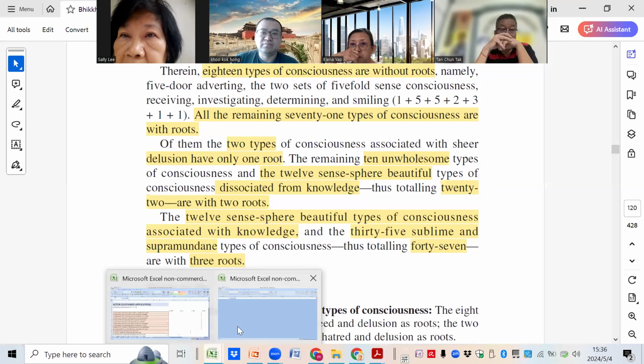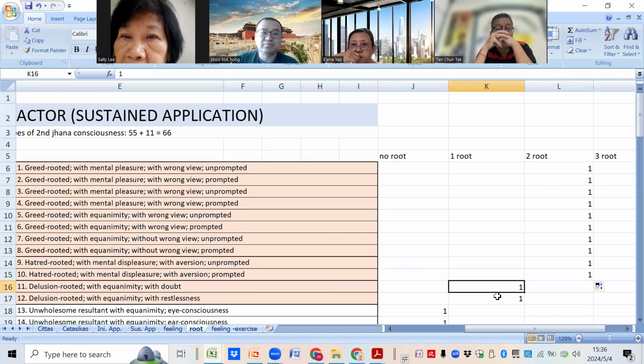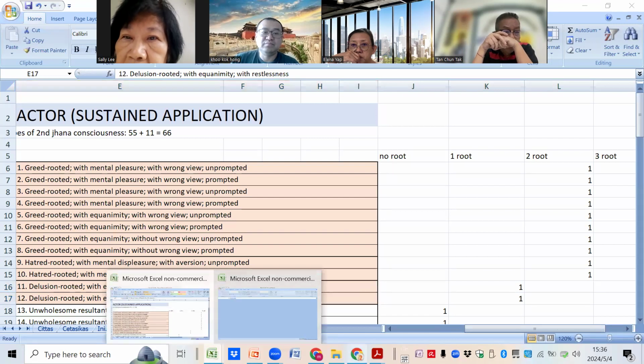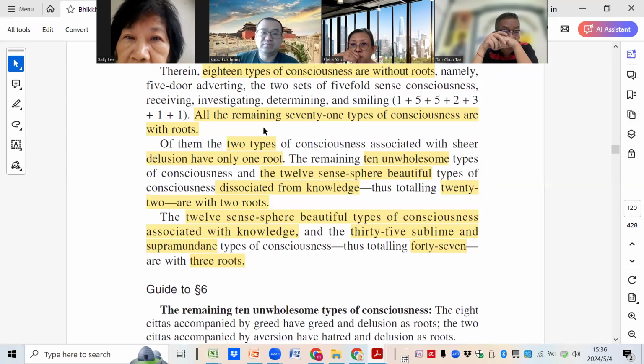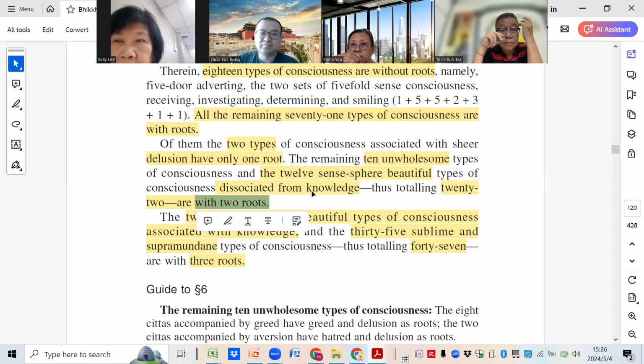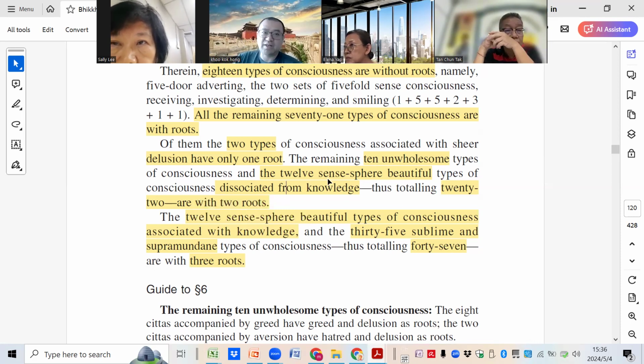So that's why here we put one root, because they are the delusion. Then next, let's take a look. The next paragraph says the remaining 10 unwholesome are considered two roots. Get it? Remaining 10. So Junta mentioned the remaining 10. Okay.